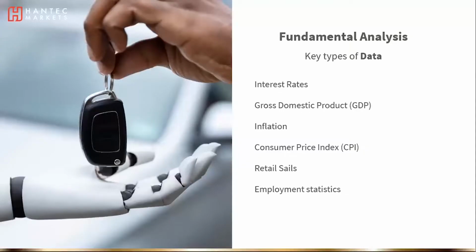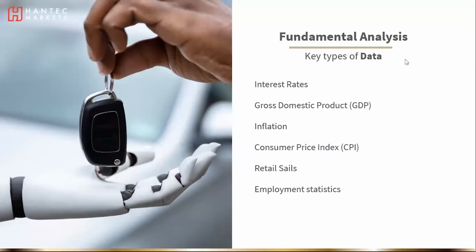So key types of data that is released that has a direct effect on your trading are what you can see on your screen. So anything to do with interest rates, GDP figures, inflation, CPI, retail sales, and employment statistics.